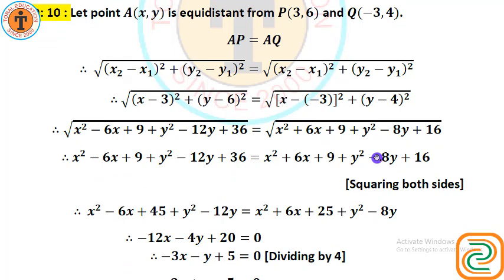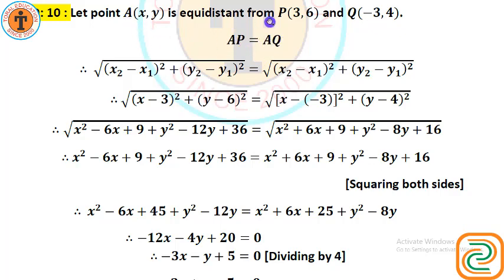Find the relation between x and y such that the point (x, y) is equidistant from the points (3, 6) and (minus 3, 4). Equidistant, but it is a relation between x and y. Same thing, equidistant, that is AP equals AQ.